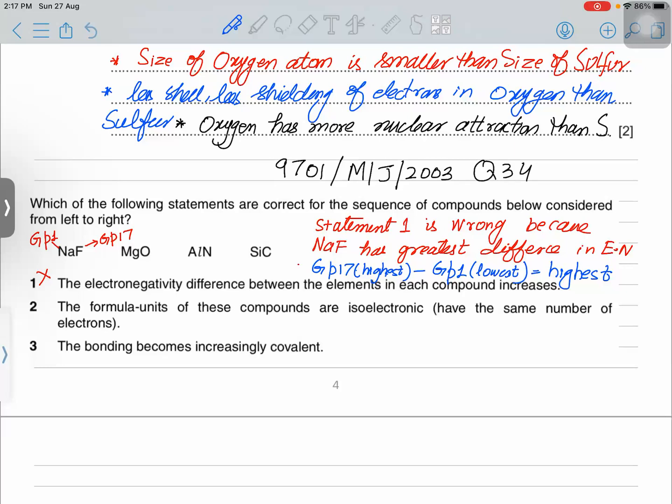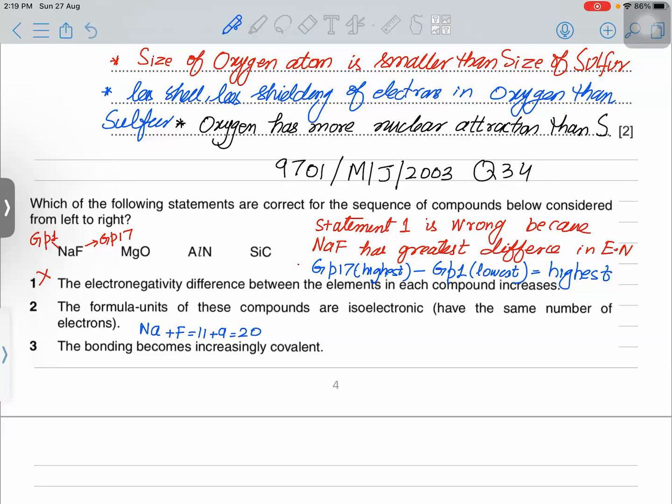Now the formula units of these compounds are isoelectronic, have the same number of electrons. Can you tell me the number of electrons in sodium? Sodium has 11 electrons. Fluorine has 9 electrons.